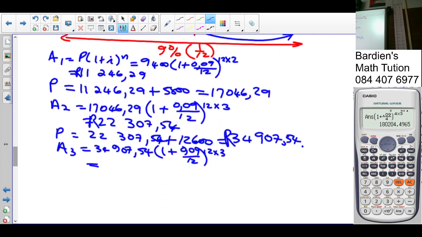That gives us a total value of 45,681.60.